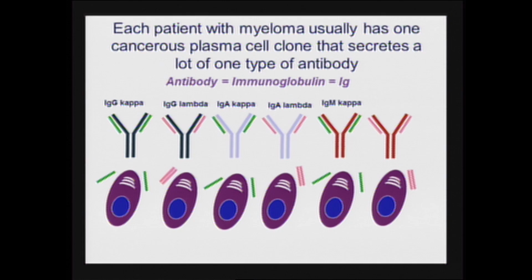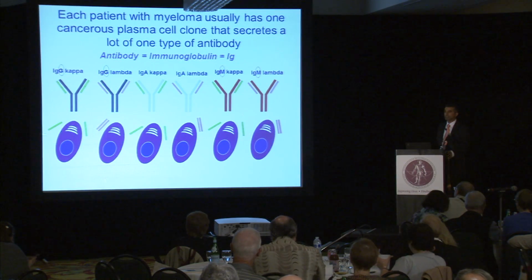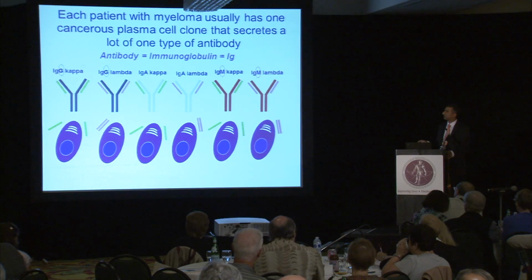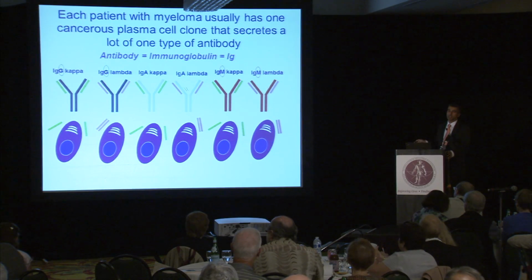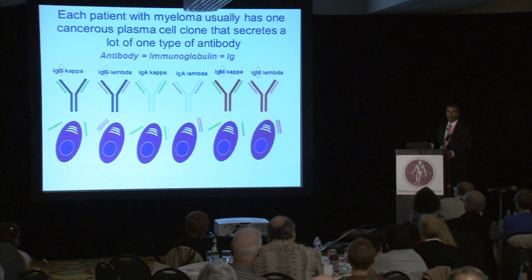IgM lambda, excellent. So the letter after the Ig tells you what type of heavy chain is in that molecule. Depending on what type of plasma cell became a myeloma, that gives rise to that type of protein. So some people might be an IgG kappa, some people might be an IgA lambda, for example.